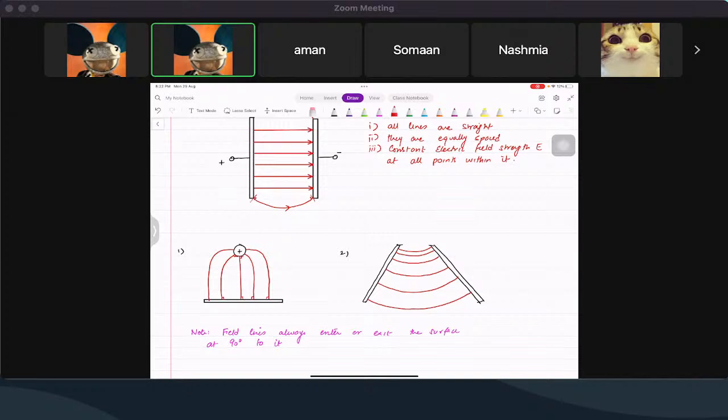So if this is positive and this is negative, it will be like this, like this, like this. Okay. All right. Everybody understands this, right? Any questions? Please let me know.